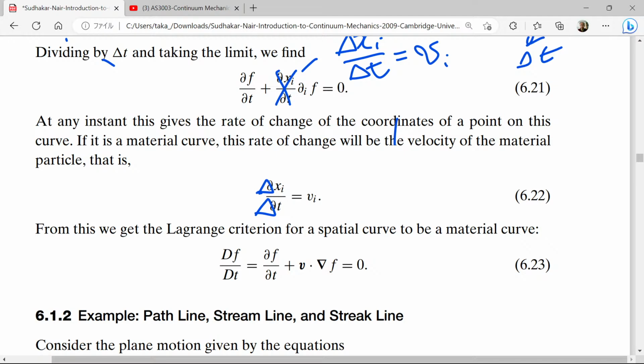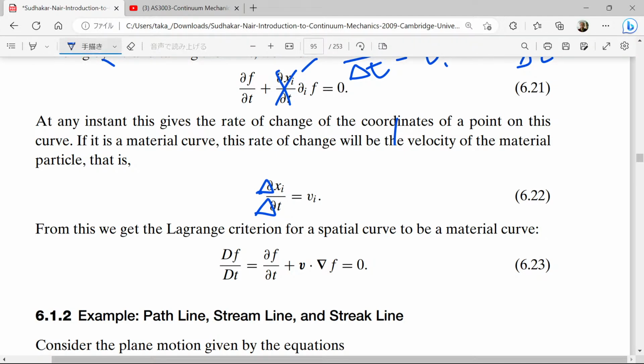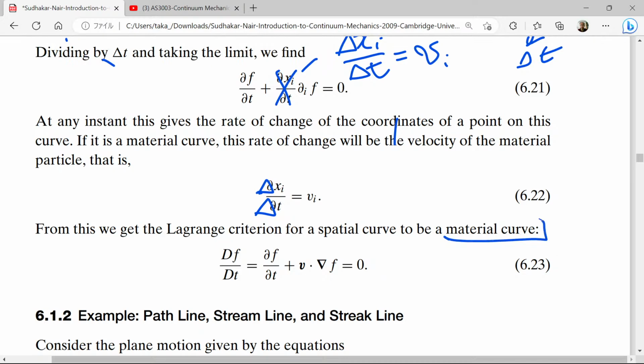Anyway, I think we consider only material curves. Then the point moves just as a particle.